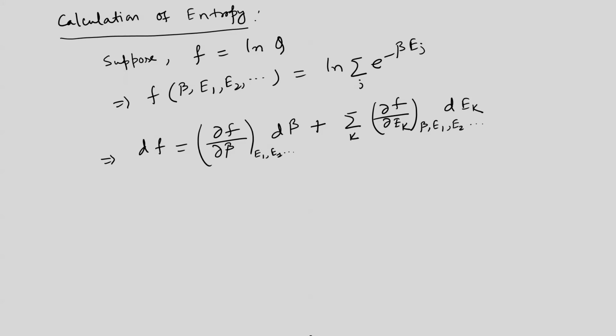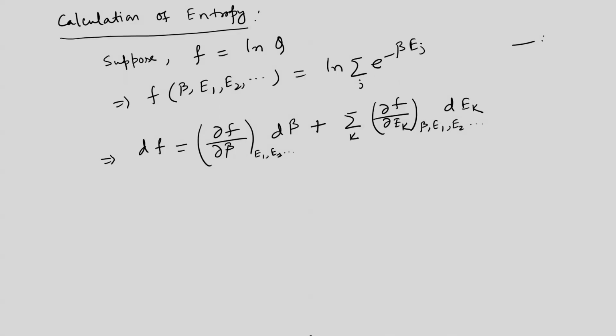Here k is a dummy variable. So, we keep beta and all the other e's constant except the term Ek. This is our equation 1 and this is our equation 2.